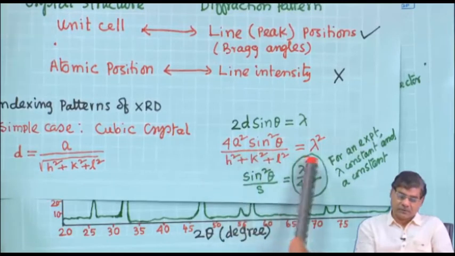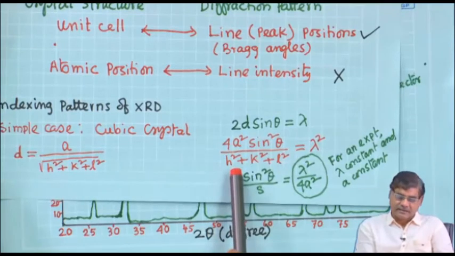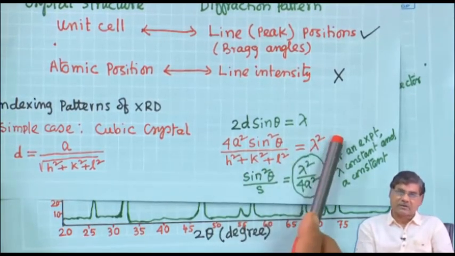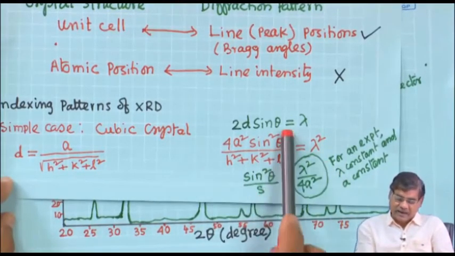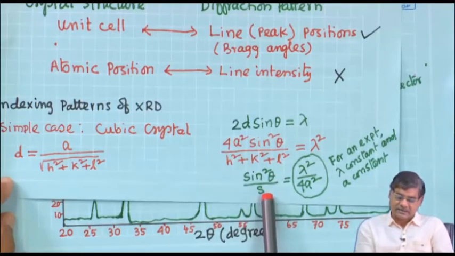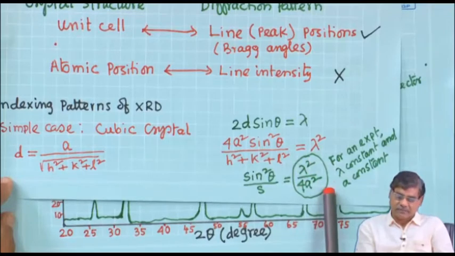So, you will get 4a square sin square theta divided by h square plus k square plus l square equal to lambda square. Okay. So, I can rearrange and write sin square theta by s equal to lambda square by 4 a square.